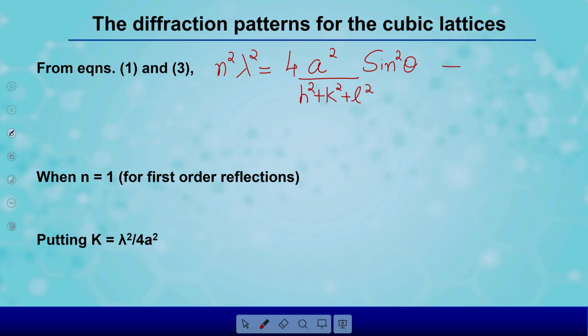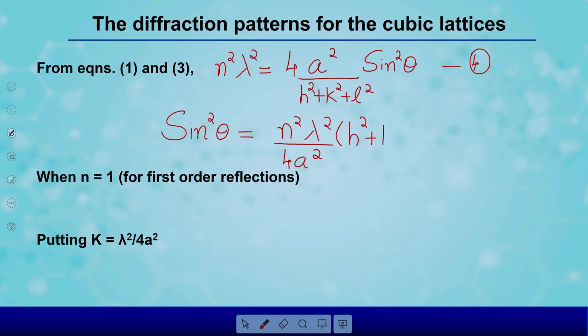Let this be equation 4. So, from this we can write an equation for sin square theta. So, sin square theta is equal to n square lambda square by 4a square into h square plus k square plus l square.